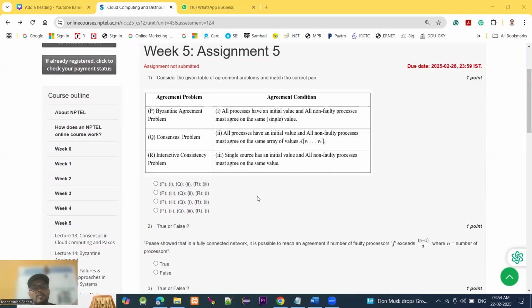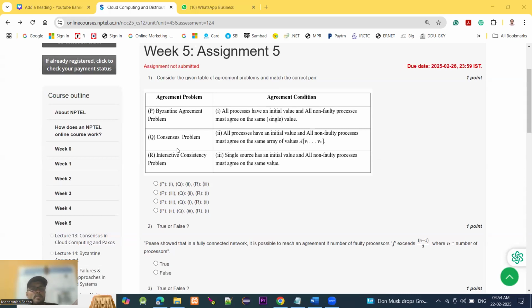Consider the given table of agreement problems and match the correct pair. First is Byzantine agreement problem. It is associated with a single source that has an initial value, and all the non-faulty processes must agree on the same value. That is P to III.